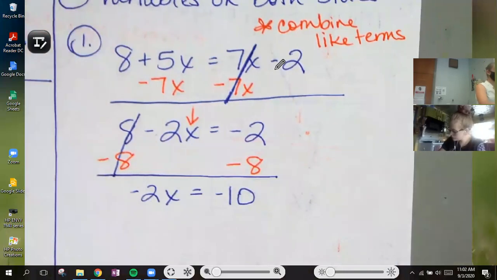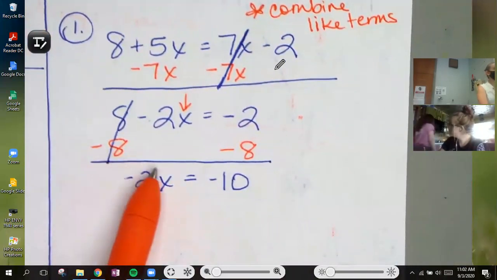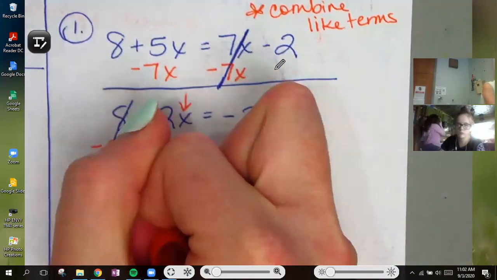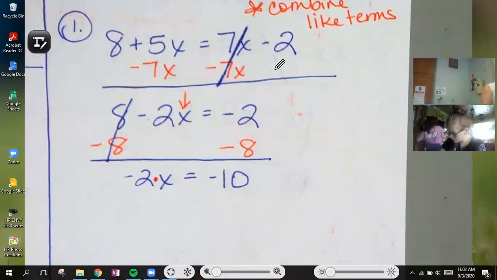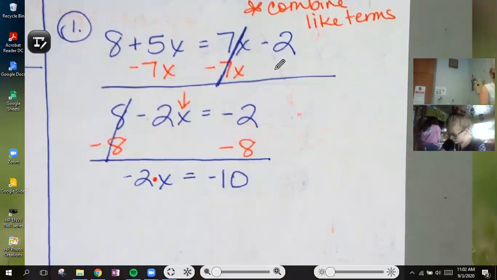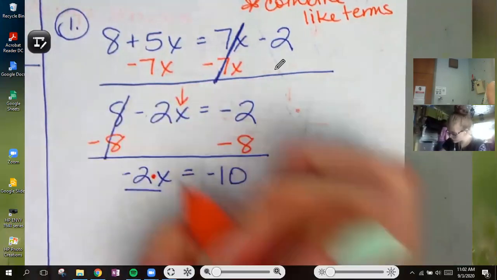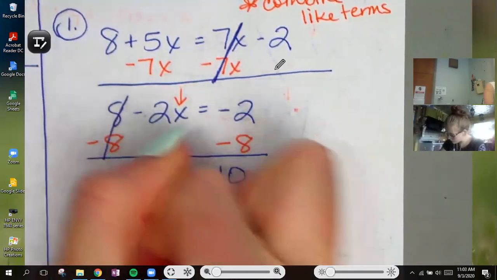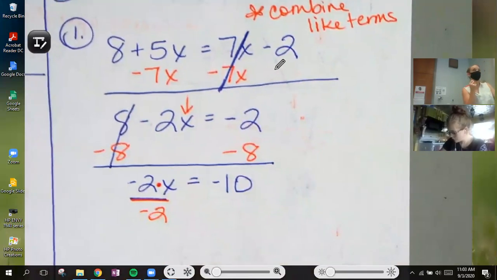Okay, so are we done? No, the x is still not by itself. So that's negative 2 times x. How do I get rid of that negative 2? Divide by negative 2. Wait, because it's combined with the x, it's negative 2 times x, but that would still just be x, not negative x.